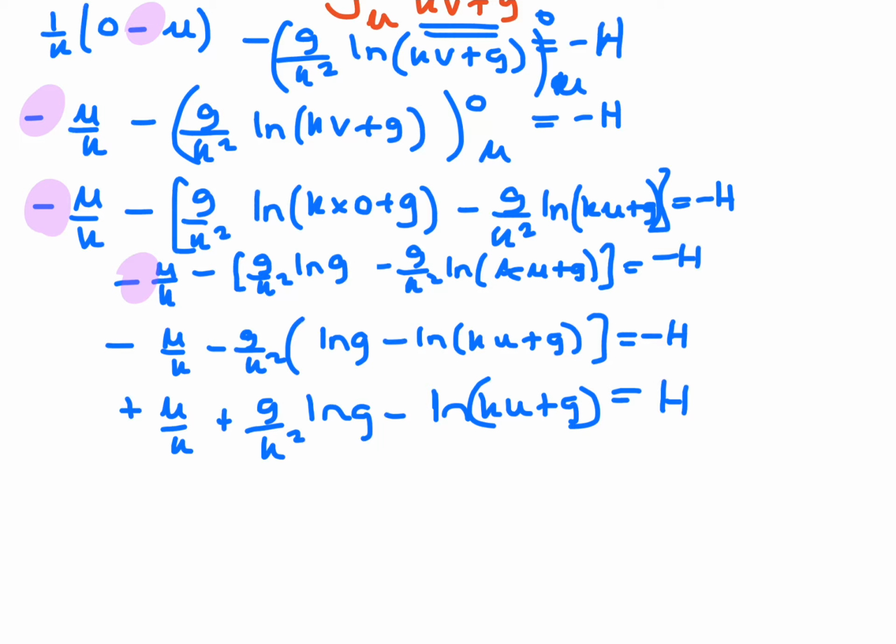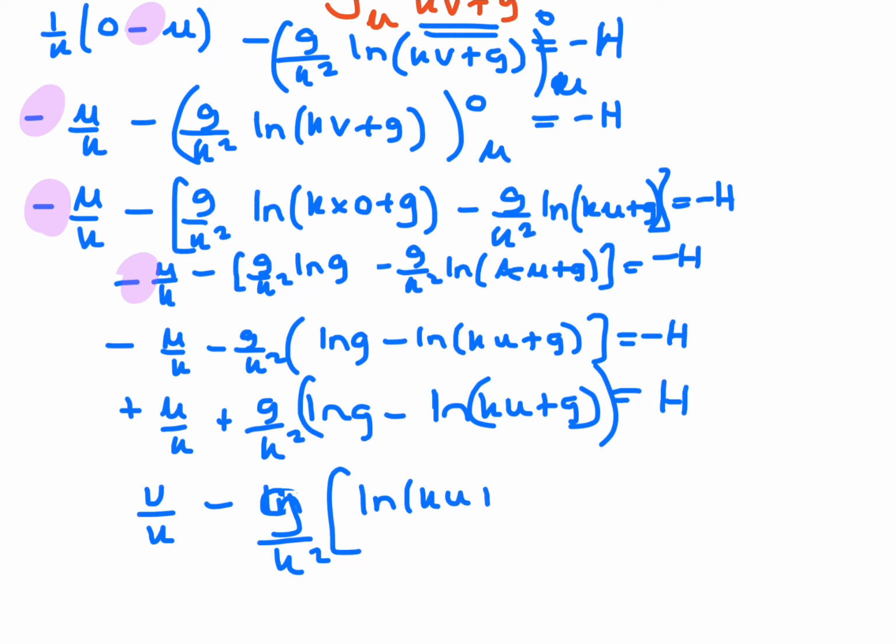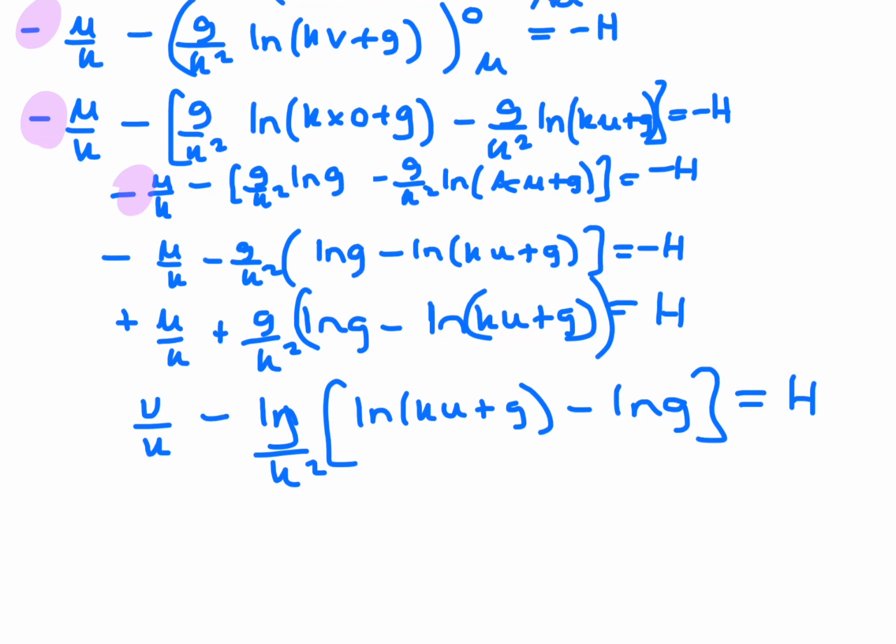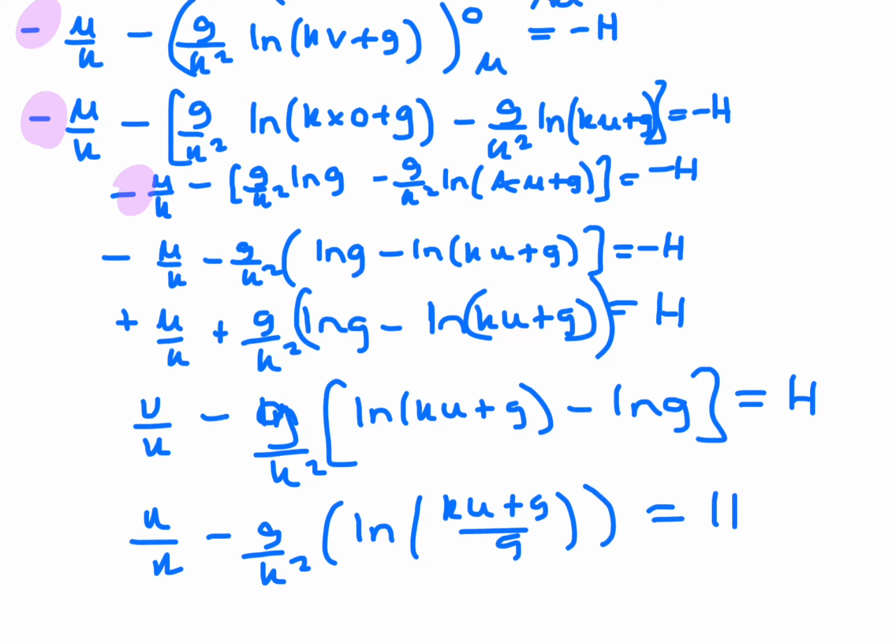Okay, so mu, they didn't have the g on the bottom, so I'm going to make that minus ln. Sorry, we're going to do g on k squared, and I'm going to take the minus out. And we're going to make that ln k mu plus g, because this is going to swap this around, minus ln g. The reason I'm doing that is because the g was actually on the bottom, not on the top. So this here is g on k squared, ln k mu plus g on g, which equals h.